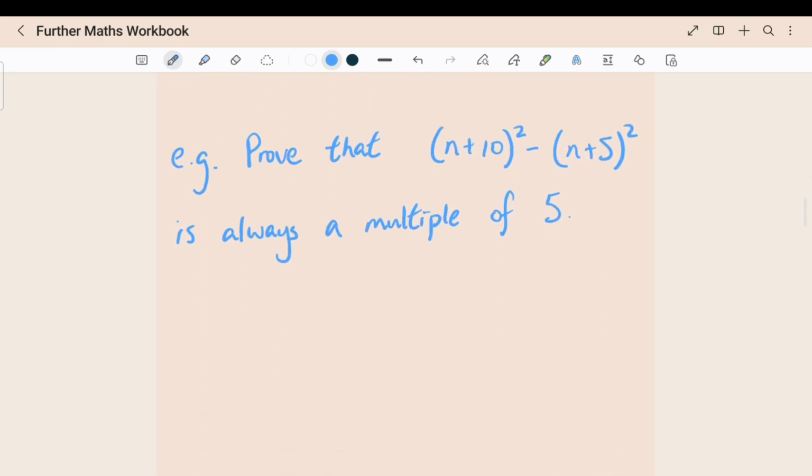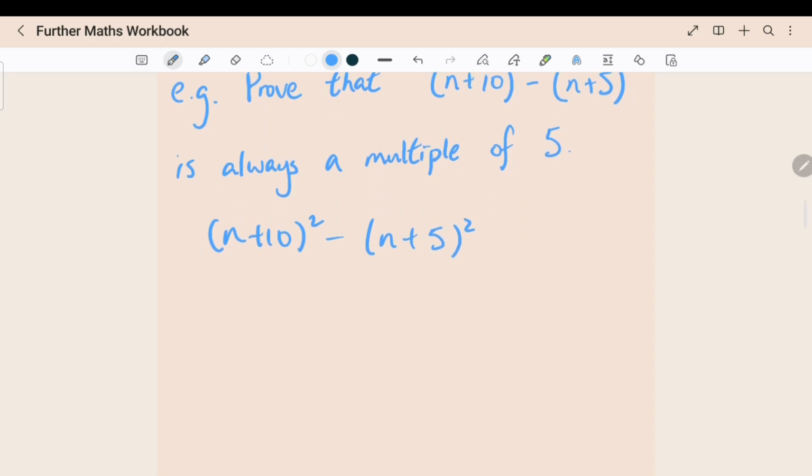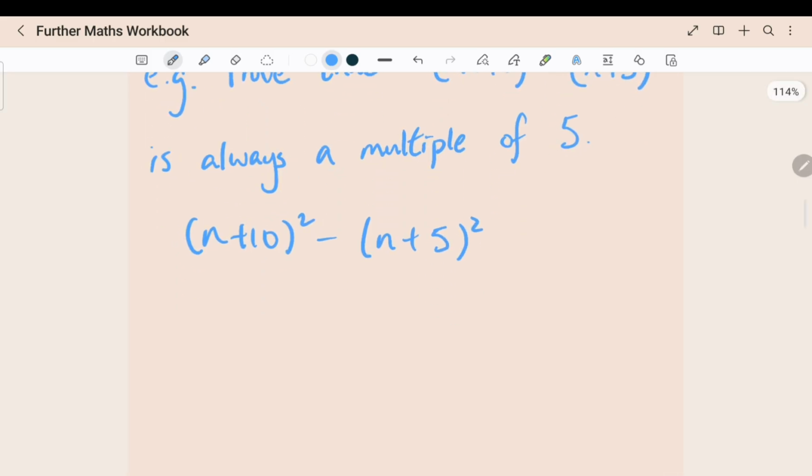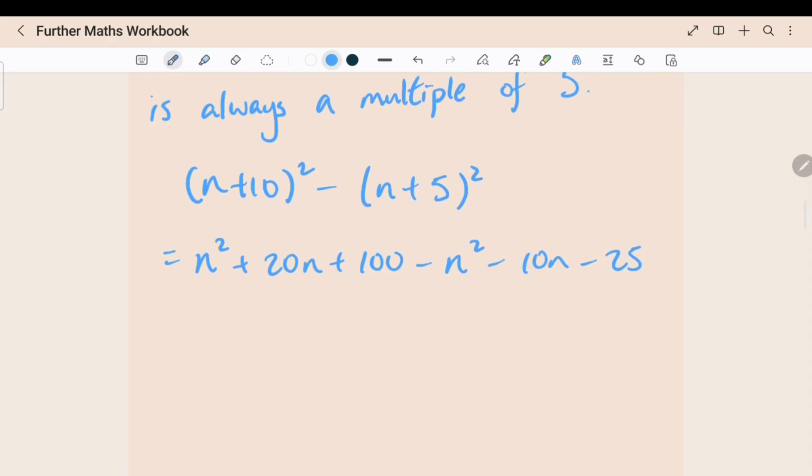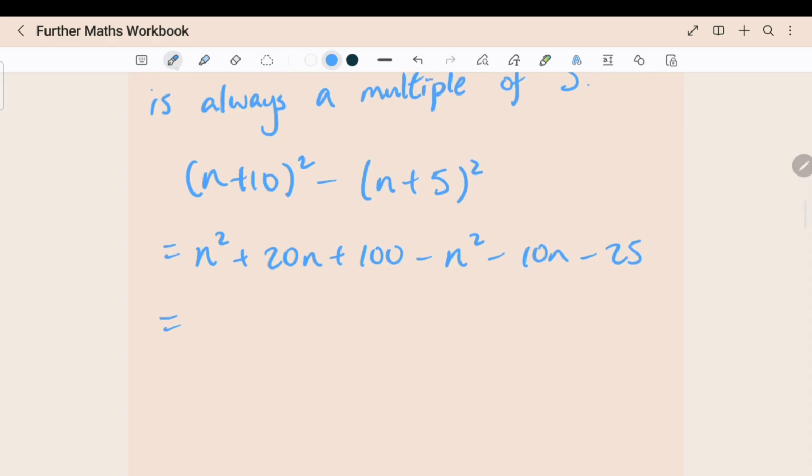Brilliant. Next, prove that this is always a multiple of 5. So for these kinds of questions, we just need to work through the algebra very carefully. If I just expand the bracket, I get n squared plus 20n plus 100 minus n squared minus 10n minus 25, then I can just group like terms.